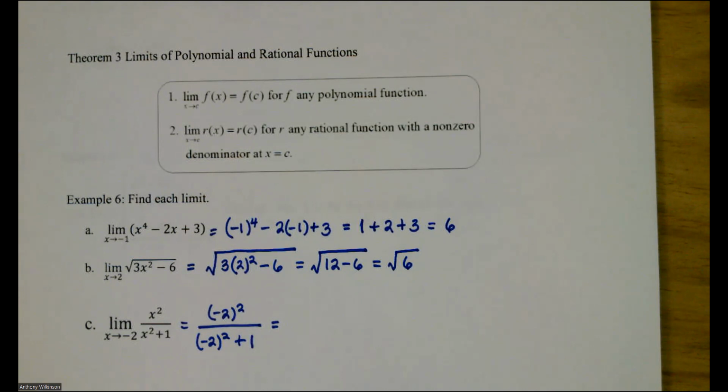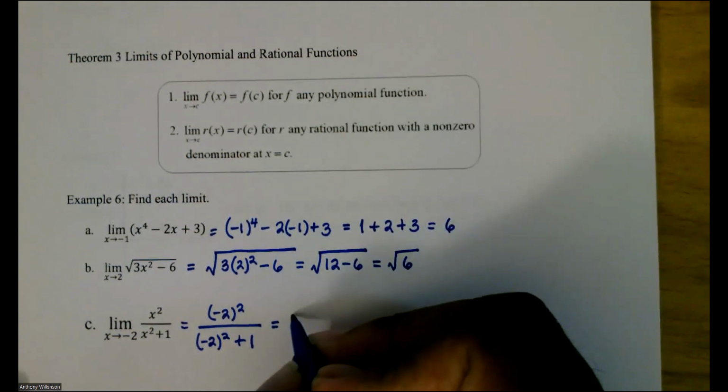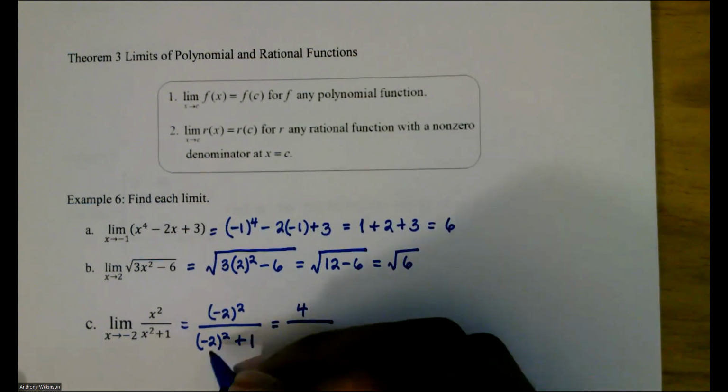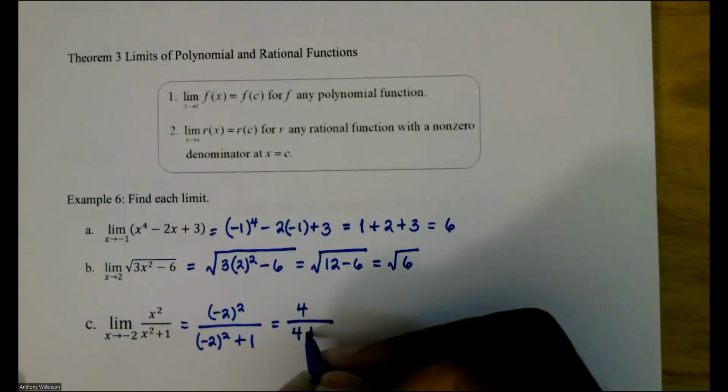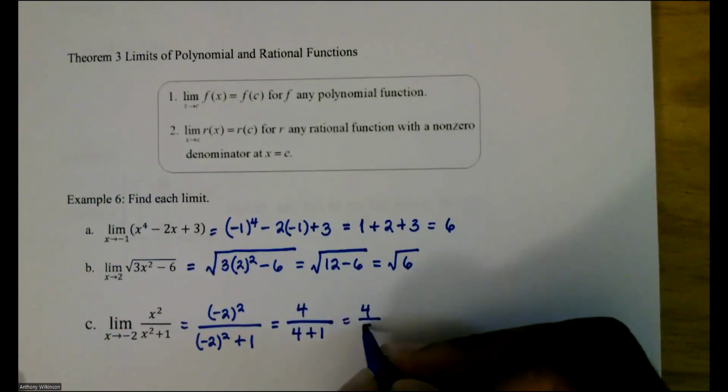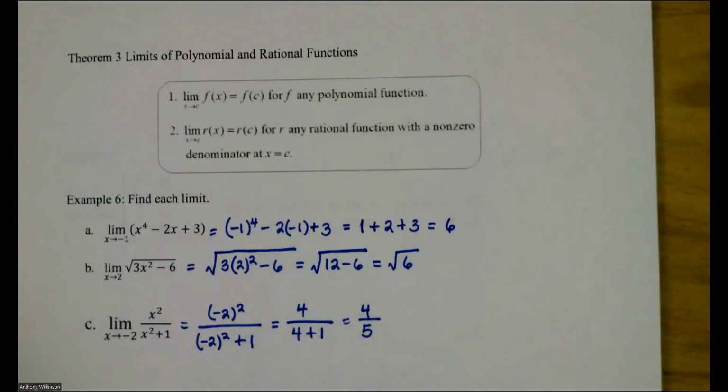If I square the negative 2, I'm going to get 4, because negative 2 times negative 2 would be 4. Same thing here, I'll get 4 in the denominator. And then 4 plus 1 in the denominator will be 5. So the limit as x approaches negative 2 of x squared divided by x squared plus 1 will be 4/5.